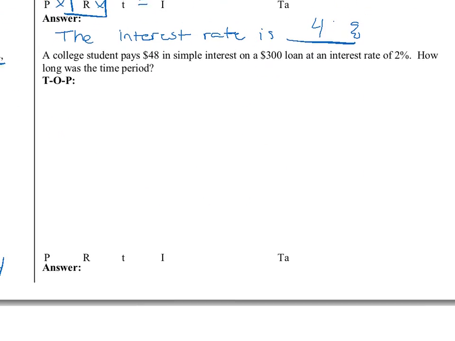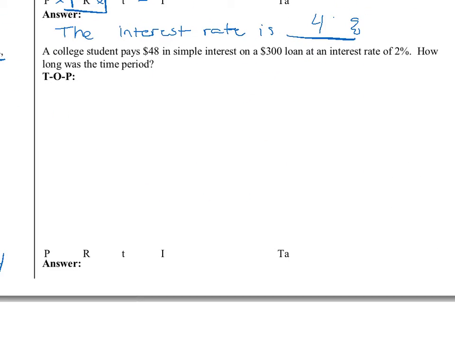Okay. All right. A college student pays $48 in simple interest on a $300 loan at an interest rate of 2%. How long was the time period? So again, this is a simple interest problem, and it's asking me how long was the time period?